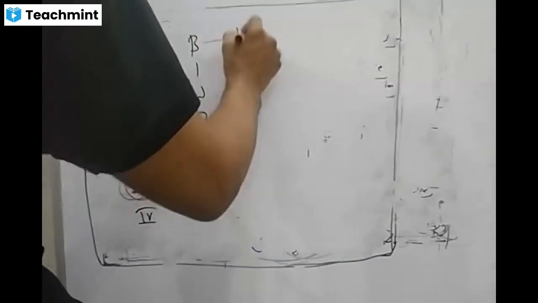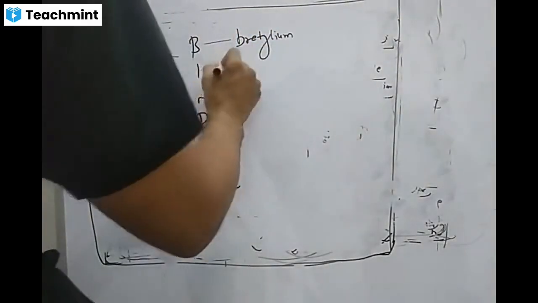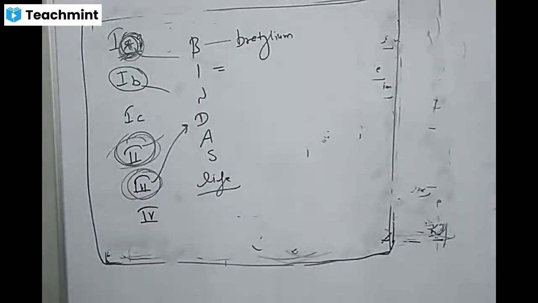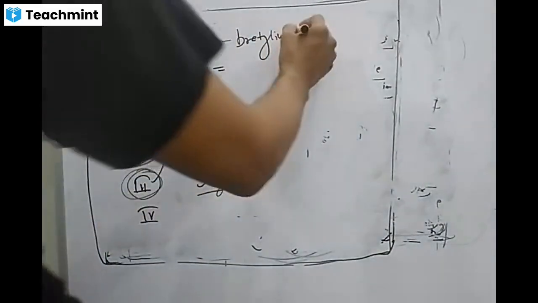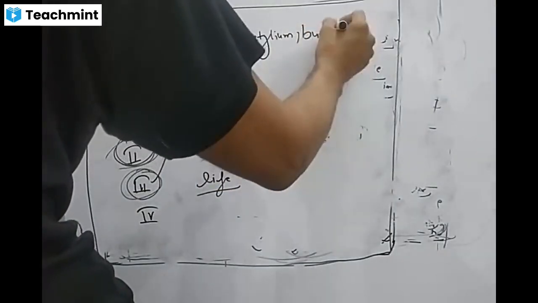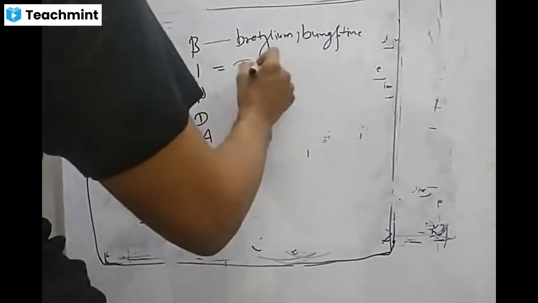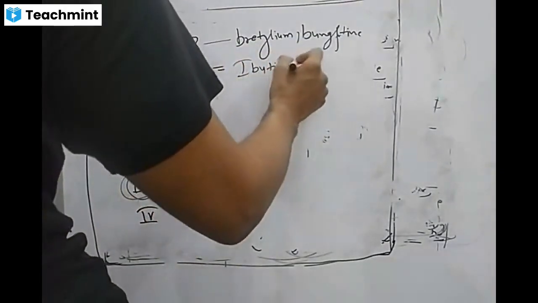What is B? This is Bretylium. And one more, Bunaftine. Then what is I? I stands for Ibutilide.